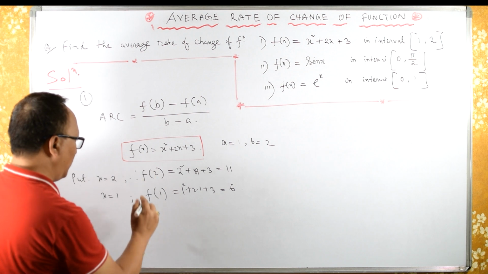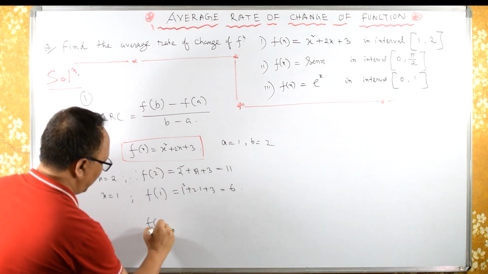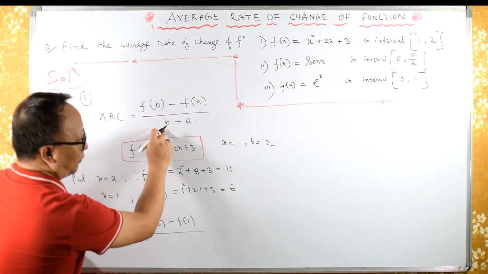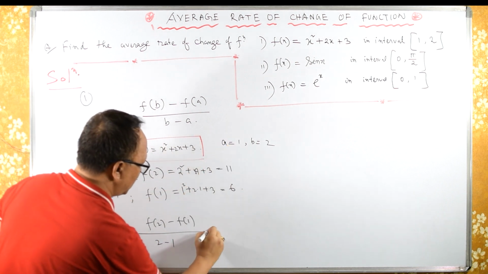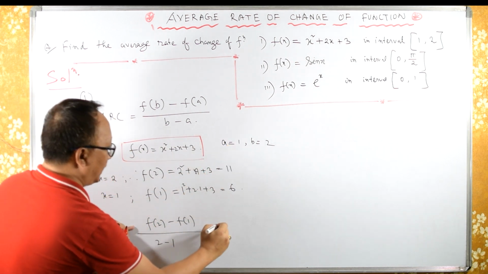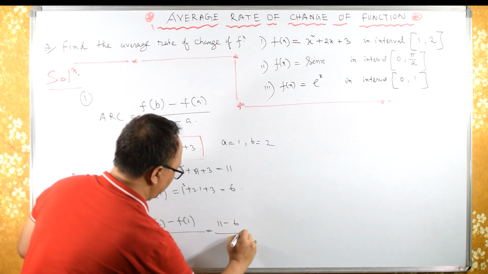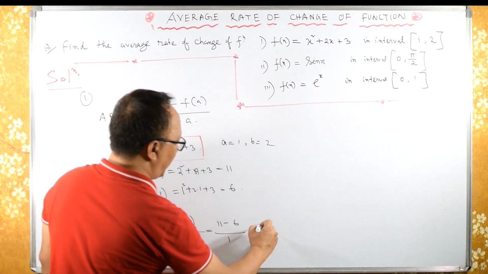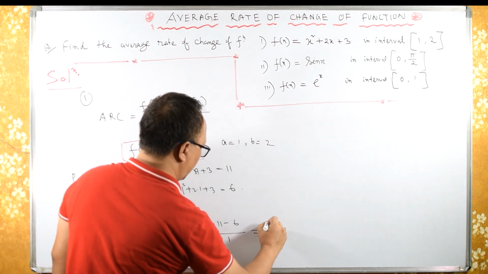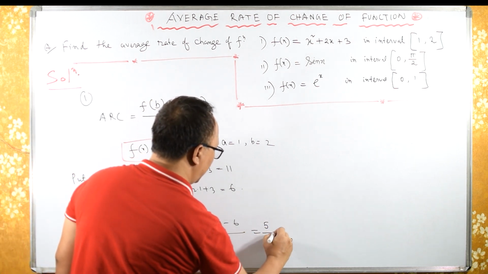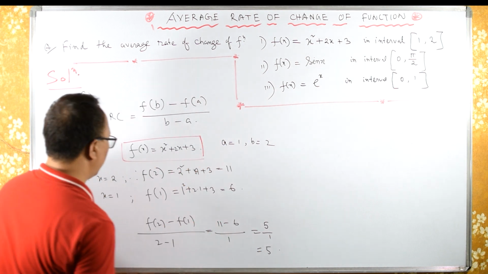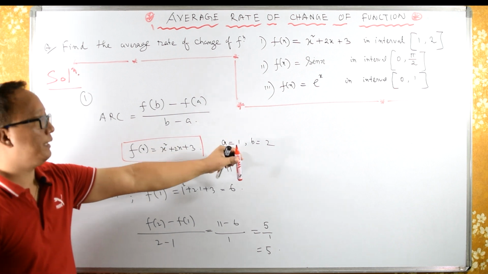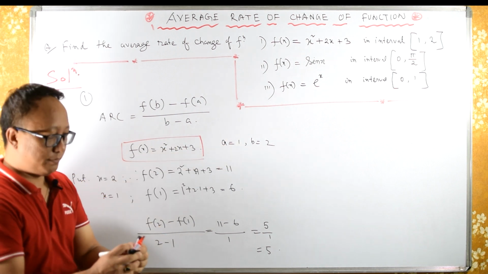Therefore by this formula we have f of 2 minus f of 1 upon 2 minus 1, which is 11 minus 6 upon 1, equals 5. 5 by 1 is the same as 5. Therefore the average rate of change of this function in this particular interval is 5.